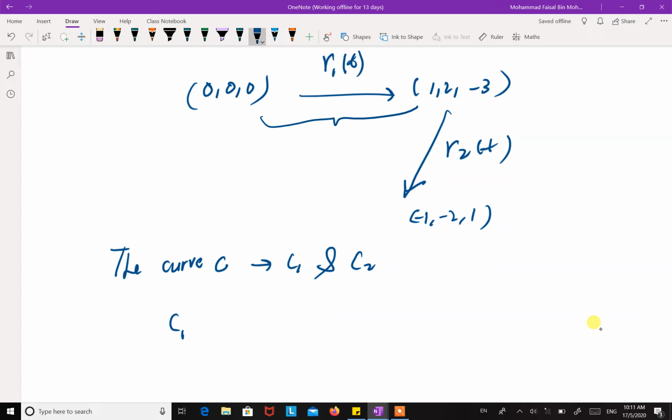So here we'll produce C1. And then C2 will be from (1, 2, -3) to (-1, -2, 1). Remember this. You have C1 and then you have C2.